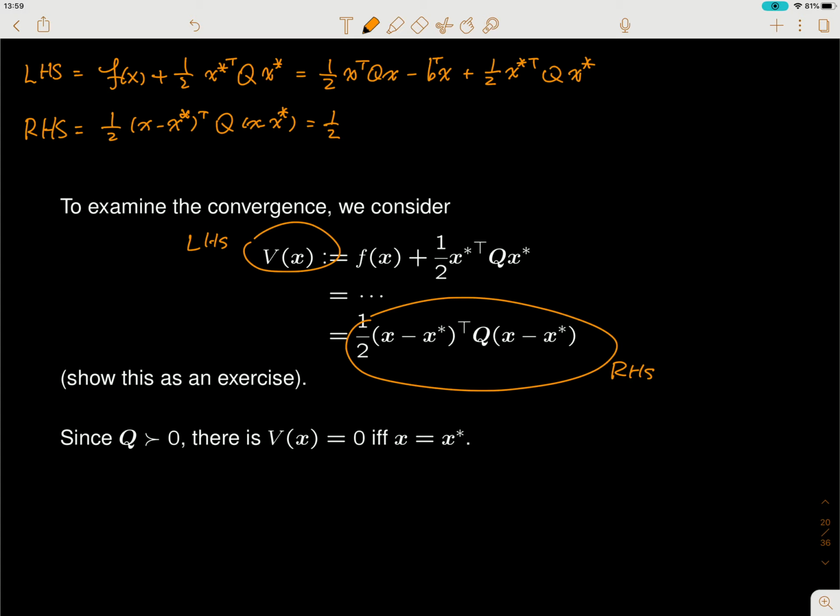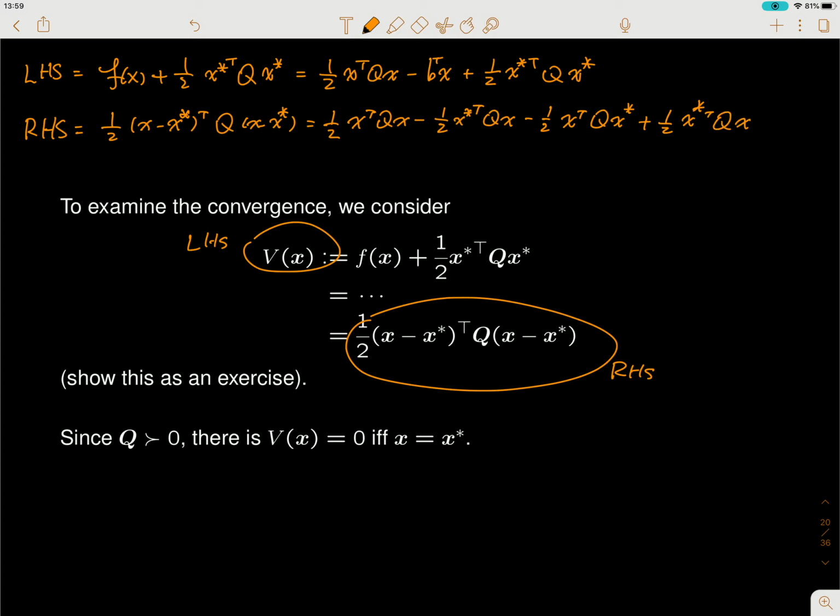It's like I'm breaking a square. So it's actually 1/2 x transpose Q x, minus 1/2 x star transpose Q x, minus 1/2 x transpose Q x star, and finally I will have 1/2 of x star transpose Q x star.